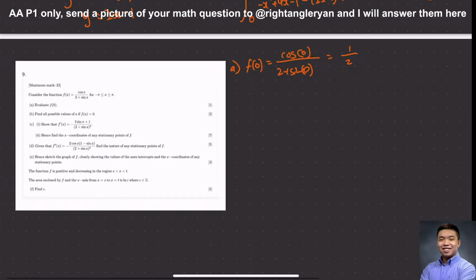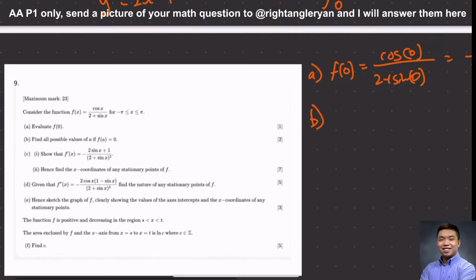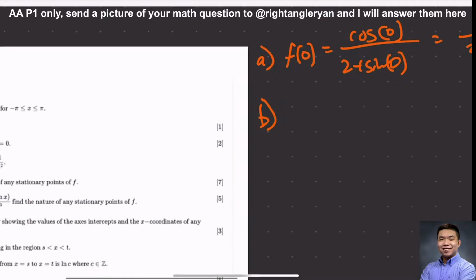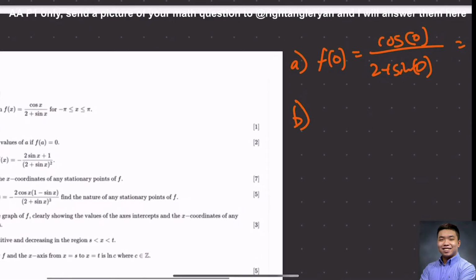And then part b, find all possible values of a if f(a) equals 0. So therefore we need to put 0 equals cosine x over 2 plus sine x.